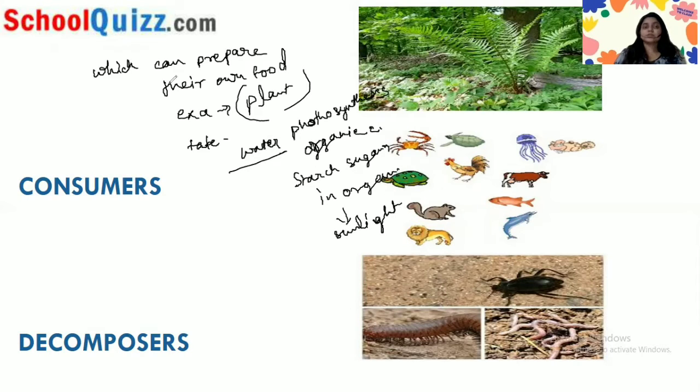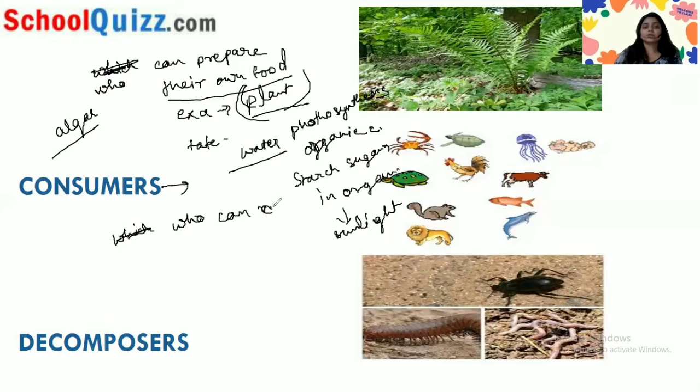So what is the producer? Which can prepare their own food, like the plants, and algae also, okay. Algae comes in plant and animal also, but we will not go there. So the example is the plant or the algae. Okay. Next we have consumers. Consumers are those who cannot prepare their own food.